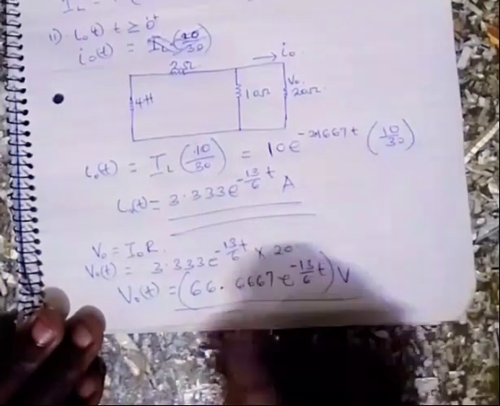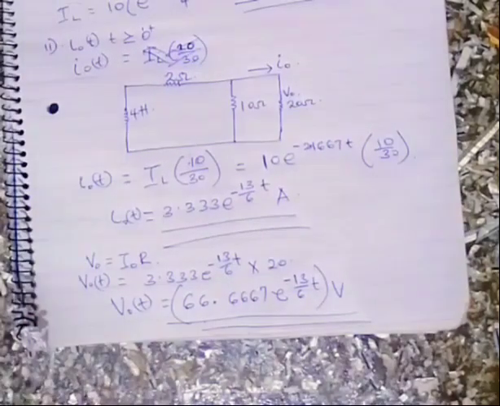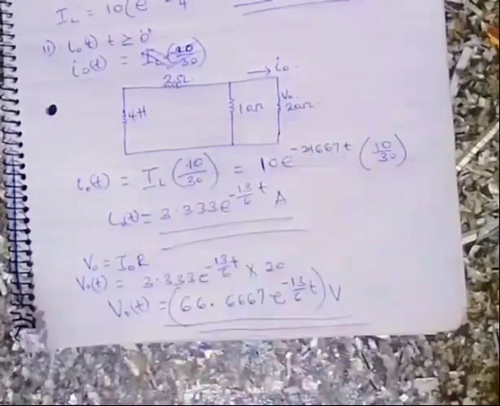So this is the value of V naught with respect to t at the 20 ohm resistance.